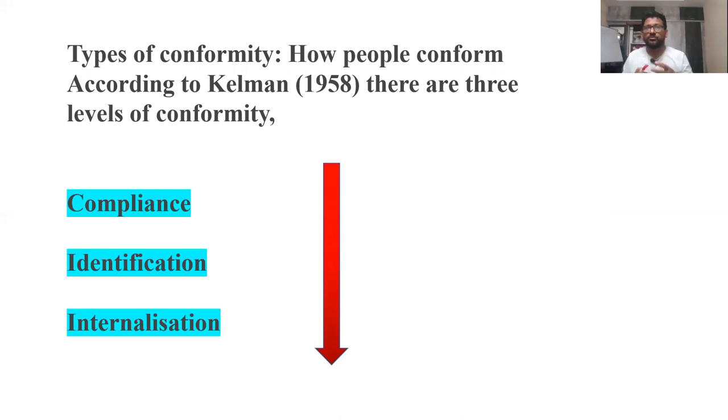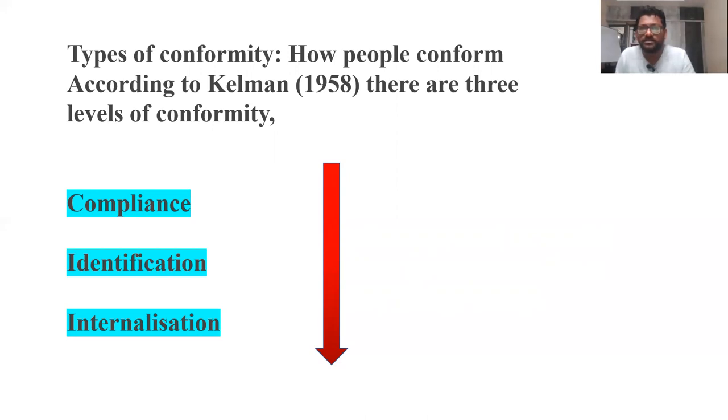Compliance is the most superficial type of conformity. It is superficial, not very deep down like internalization. Here, the individual conforms publicly to avoid social disapproval, but maintains their own private opinions.